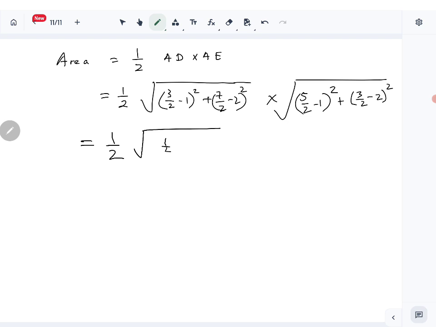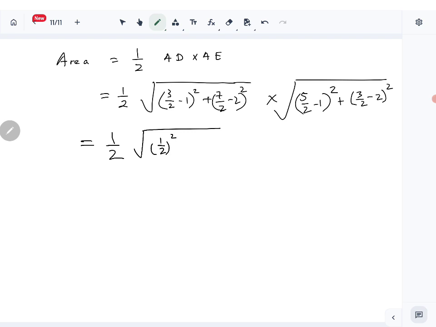Half squared is 1 over 4. 7 over 2 minus 2 is 3 over 2. Let's check. 3 over 2 minus 1, half squared is 1 over 4. Oh no, this is wrong. Wait, let's just write it.